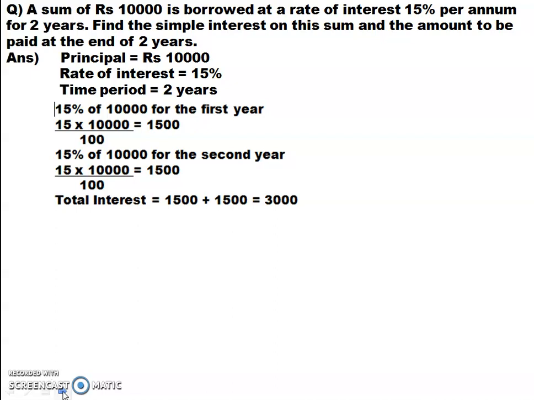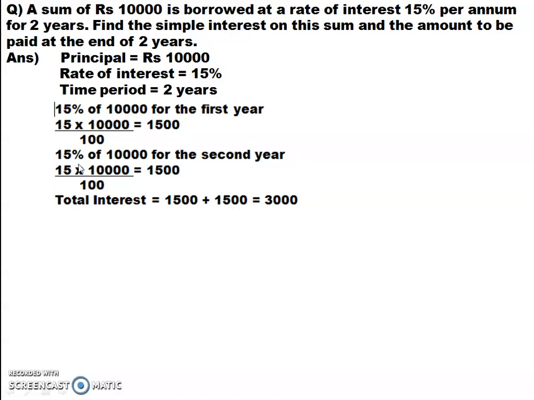So what is principal? It is the amount you borrowed from the bank, that is rupees 10,000. Rate of interest is given as 15% and time period, the time for which you are taking it from the bank, is 2 years. For the first year, I calculated 15% of 10,000, that is 1,500.